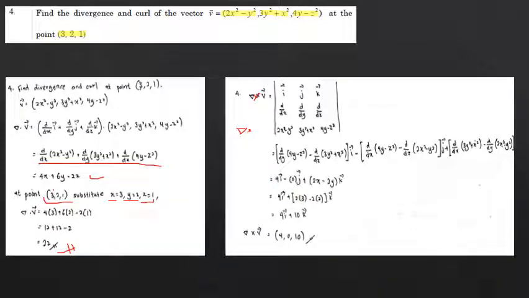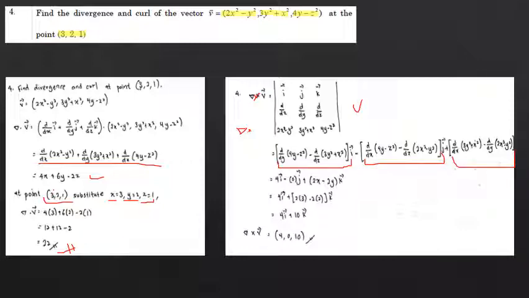By doing this step, we use the same step as how we find a determinant in a matrix. So for the first one i, the second one for j, the last one for k.